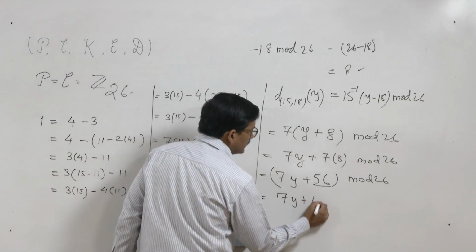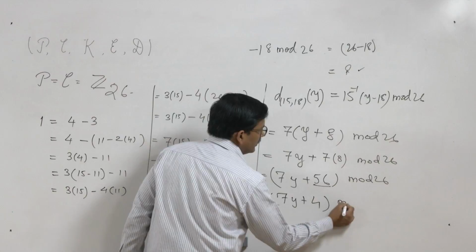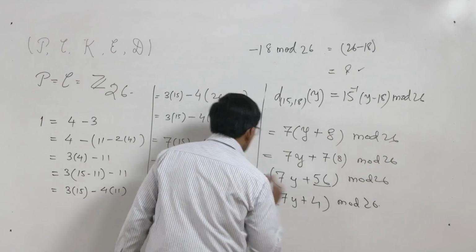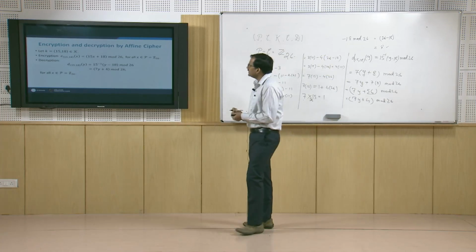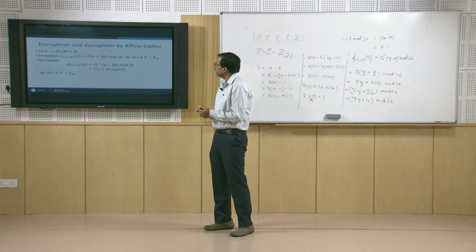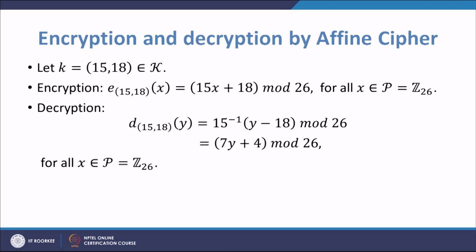So, 7y plus 4 mod 26. So, after this calculation we get the decryption function in a quite nice way. We see that d of (15, 18) applied to y gives me 7y plus 4, the whole thing mod 26. We can now calculate the decryption very easily.